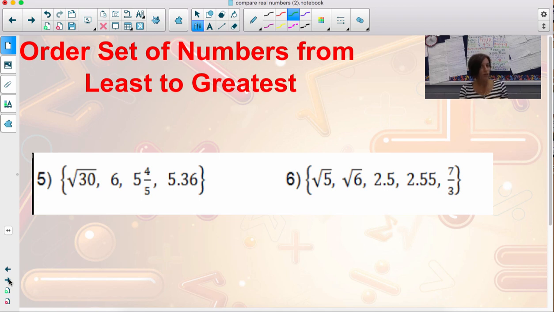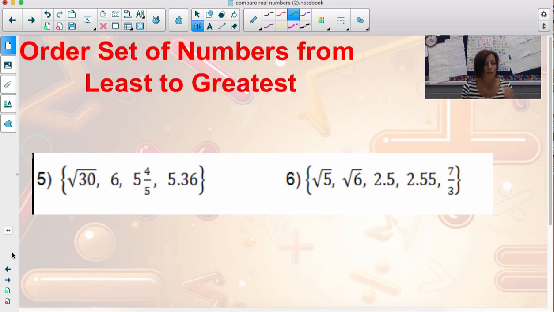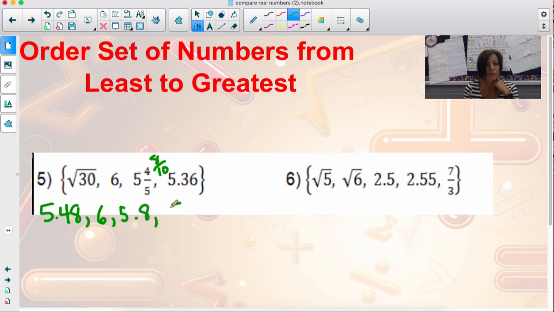Now we have to order the set of numbers from least to greatest. So first I have to change them all to decimals. So square root of 30 on a calculator gives me 5.48. 6 can stay 6. 5 4/5 is 5 8/10 if I multiply top and bottom by 2, so that's 5.8 as a decimal. And 5.36 can stay.